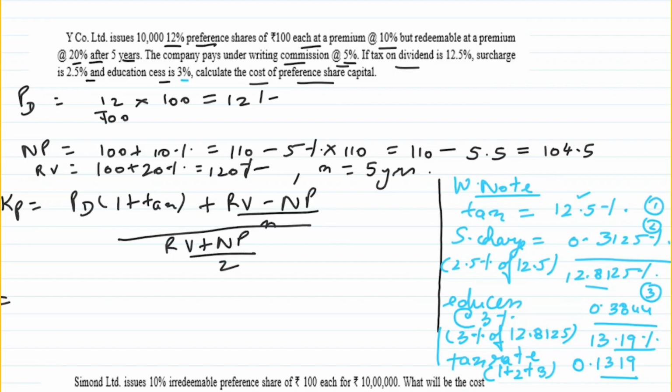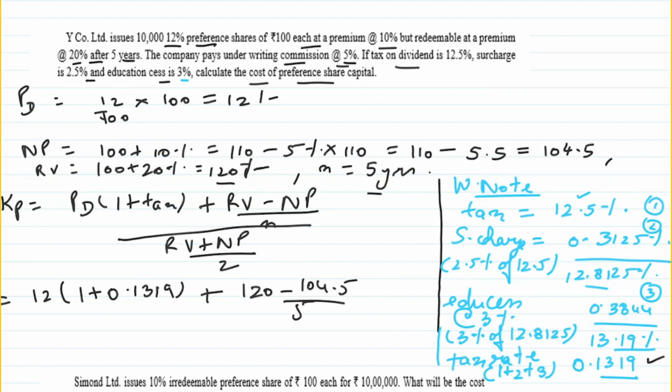So simply putting in the value, PD is how much? 12. Okay, 1 plus tax rate. What is the tax rate? Tax rate is this, right? So 0.1319 plus what is the redeemable value? Redeemable value we can see it is 120 minus the net proceeds, that is 104.5, divided by N, that is 5.